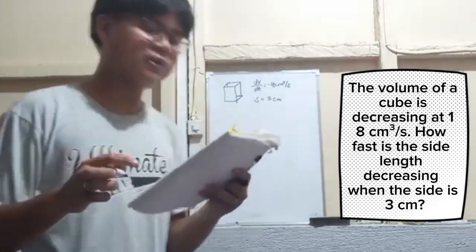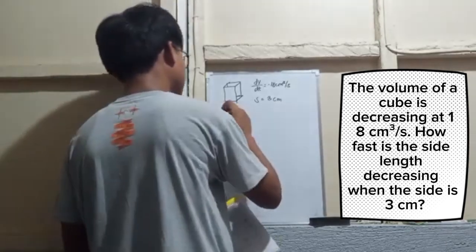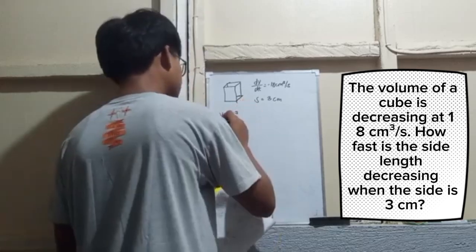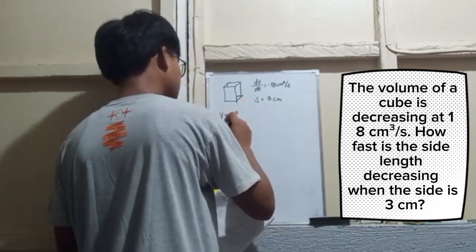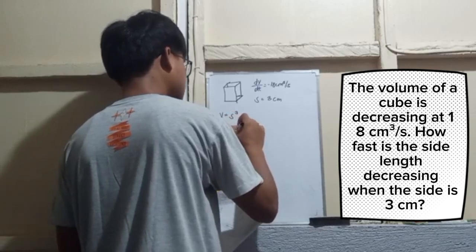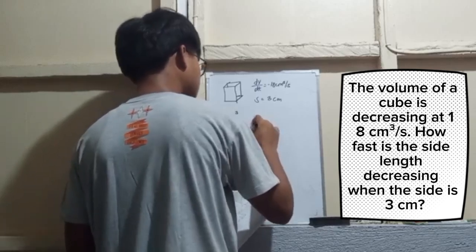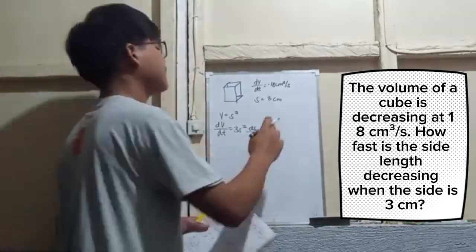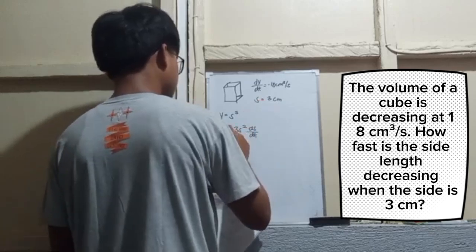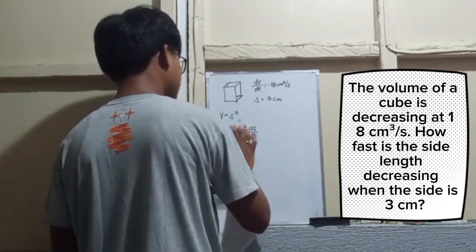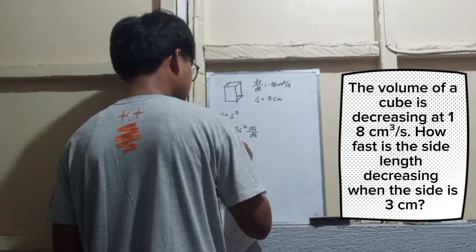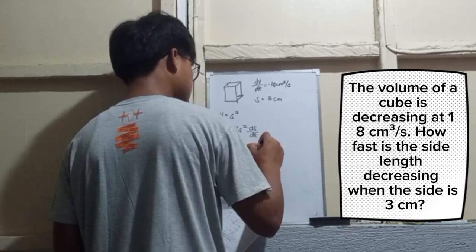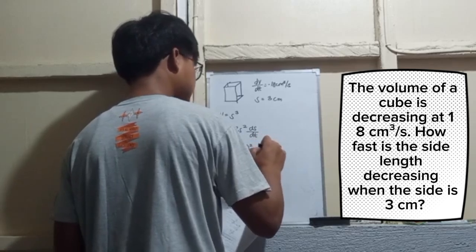So now in getting the volume of the cube, we all know that the formula is s cubed. Then we'll differentiate the formula. We will now get dV over dt is equal to 3s squared ds over dt. Then we'll substitute the given values into the formula. So dV over dt is equal to negative 18, then our s is equal to 3 squared. Then copy the ds over dt.